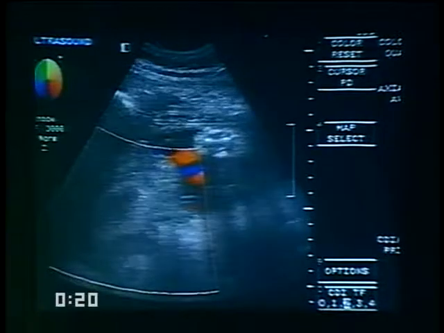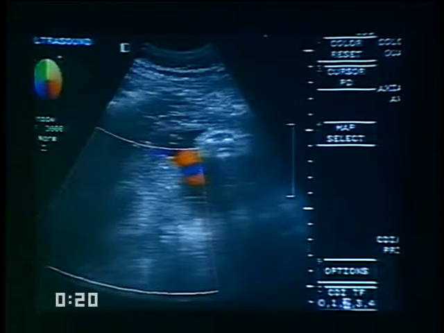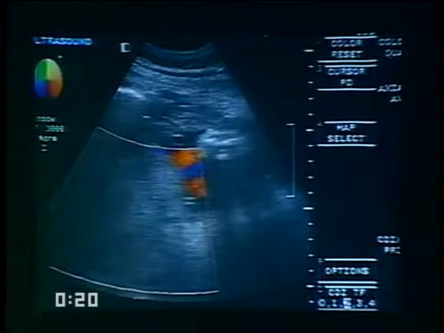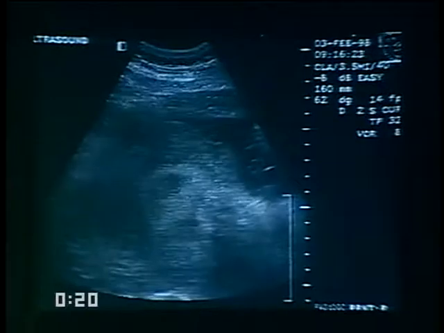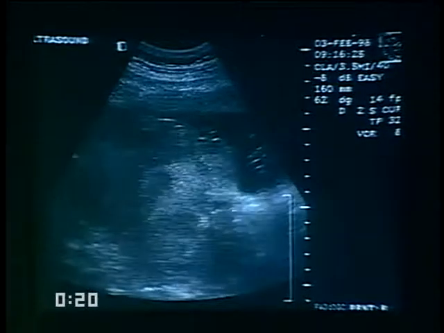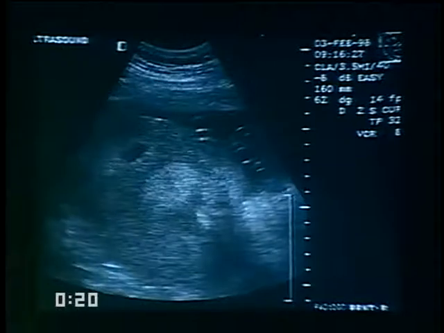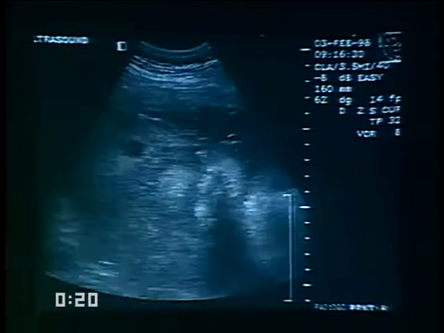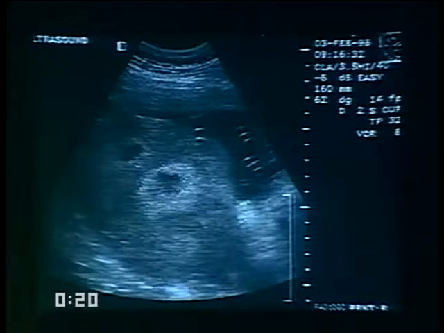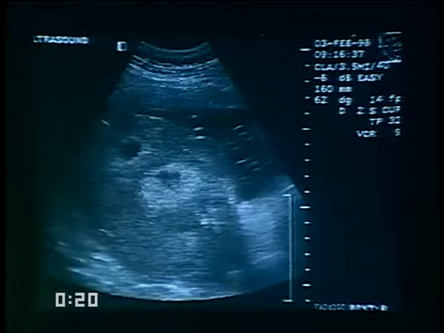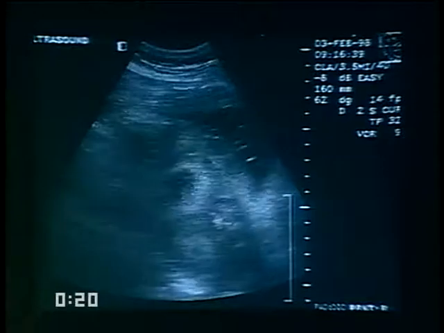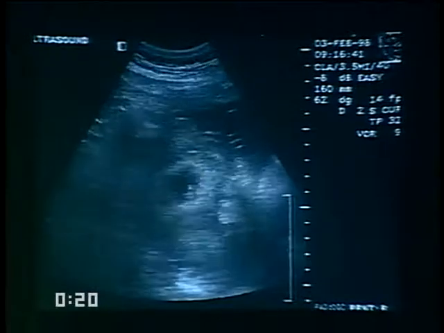So there are multiple cystic areas within the placenta. So those were placental infarcts.